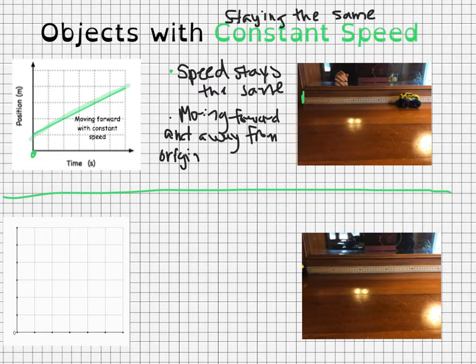So let's go ahead and describe that. We can say the toy car started at 10 centimeters and moved at a constant speed forward to 40 centimeters. Now, I don't know if you caught that, but what we just said was its velocity, speed plus direction.